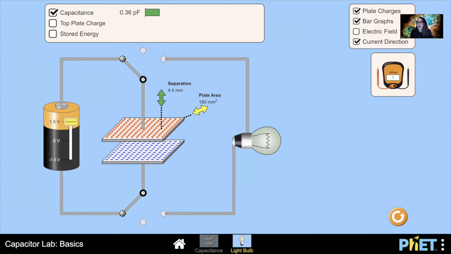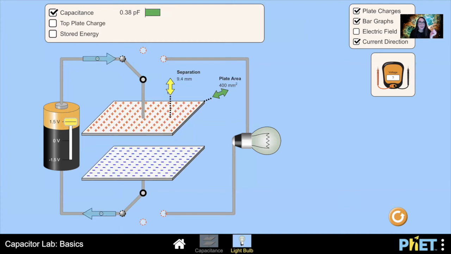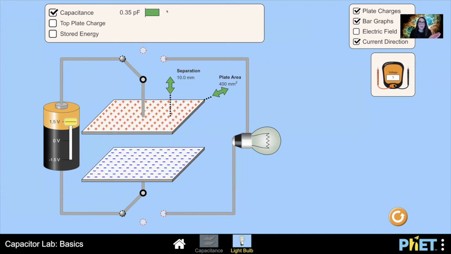The capacitance is proportional to the area divided by the distance. So if our area gets bigger, our capacitance gets larger. But if we increase that separation, our capacitance gets smaller. It's showing the capacitance in units of picofarads.